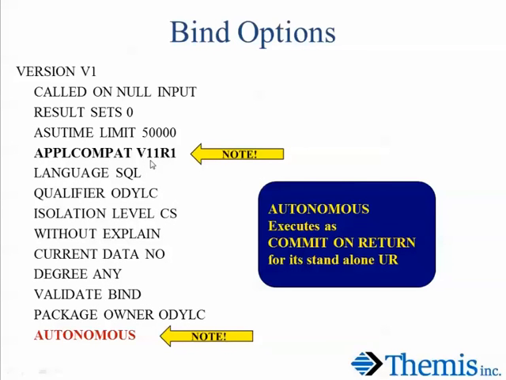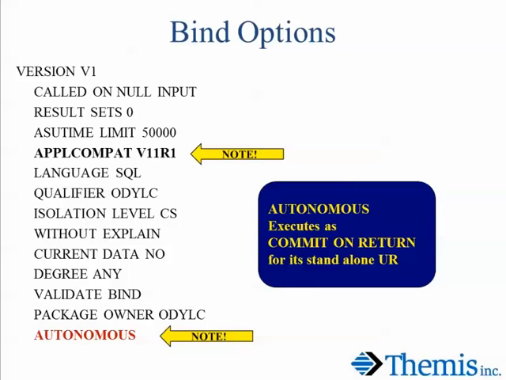Now, the bind options. Autonomous native SQL procedures are available at application compatibility version 11, release 1, new function mode of Version 11 DB2. And the keyword autonomous is required. An autonomous native SQL procedure executes as if there was a commit on return.